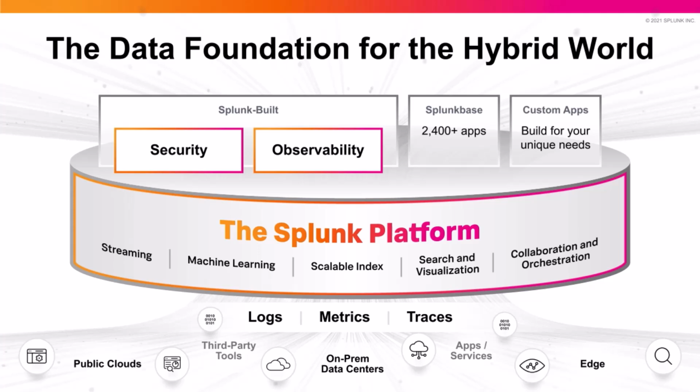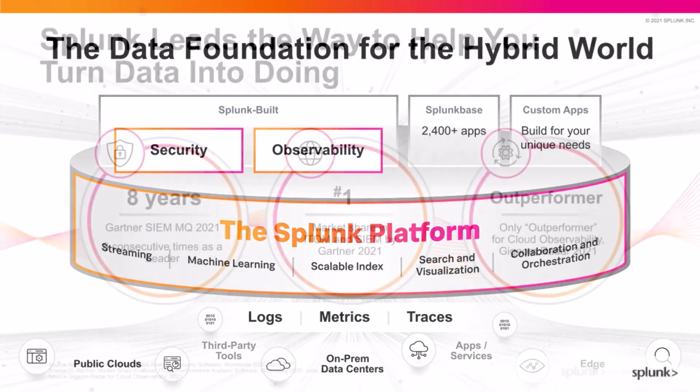Adding to the benefits of our platform approach, our community of Splunkers and partners has built over 2,400 apps available on Splunk Base, our app marketplace. These apps include solutions to extend visibility and security into critical applications like SAP, Salesforce, Office 365, and more. And many of our customers build custom apps for their specific use cases.